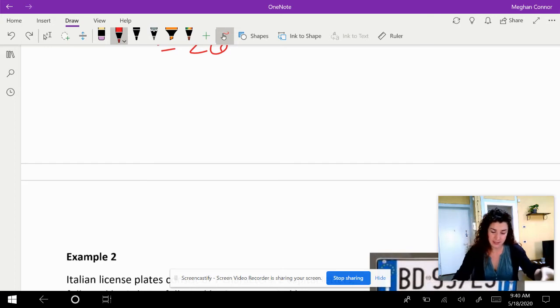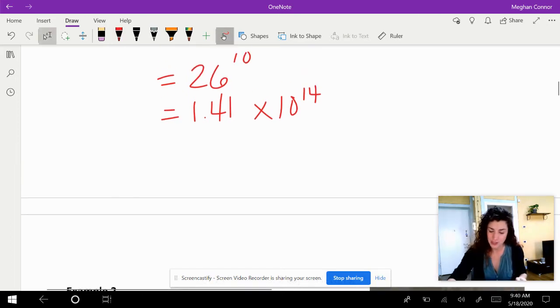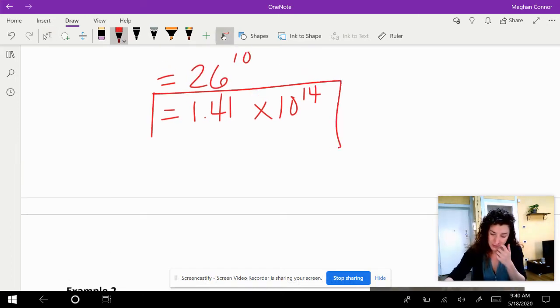So mine says 1.41 E14, which means times 10 to the 14th power. So that's a lot of numbers. I can scroll up on that number and press enter to bring it down. And sometimes it will tell me all the digits. And here, this one is still too much for it to tell me all of the digits. So we'll leave it in scientific notation.